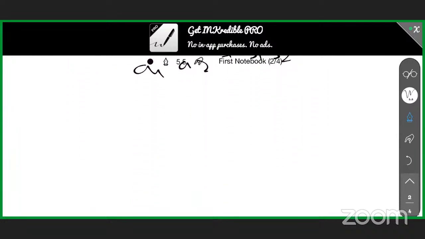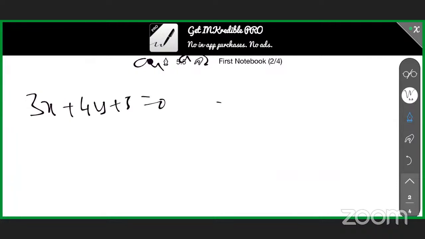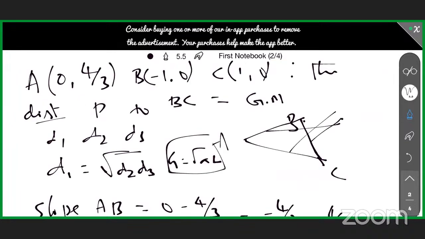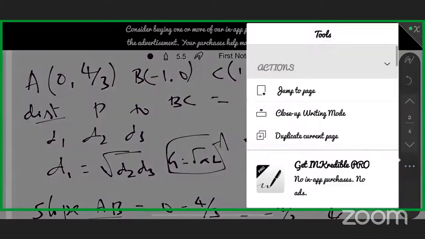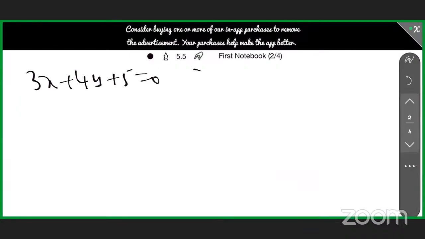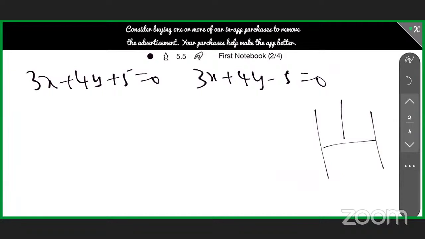So now we know that 3x plus 4y plus 5 is equal to 0 and 3x plus 4y minus 5 is equal to 0 are two parallel lines, and there is a line cutting between them.